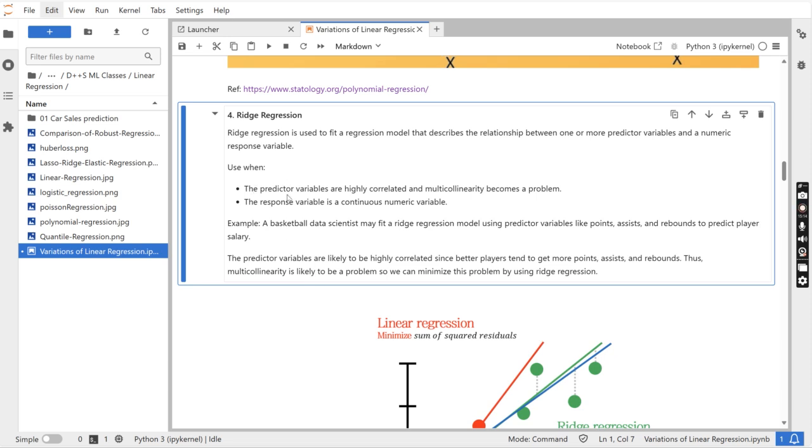Now, when to use this is the question. You use it when you calculate the correlation matrix and you see that your variables are highly correlated. In one of our examples we had to manually drop engine based on the engine size, engine CC and a few other factors.